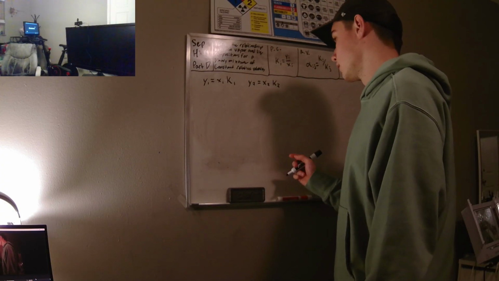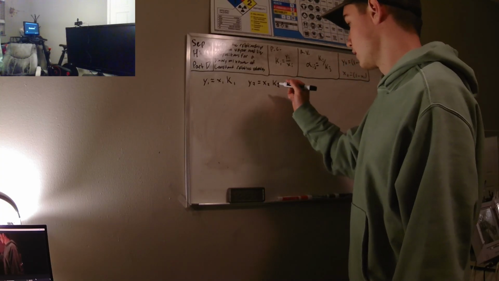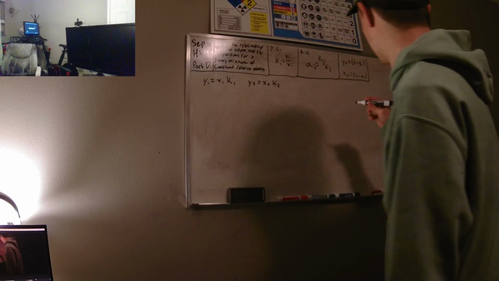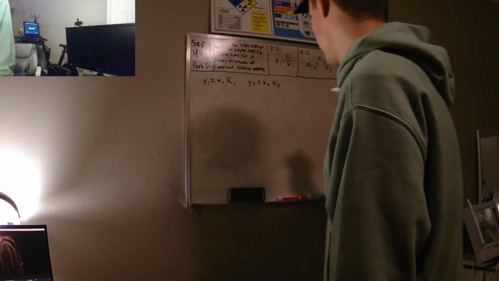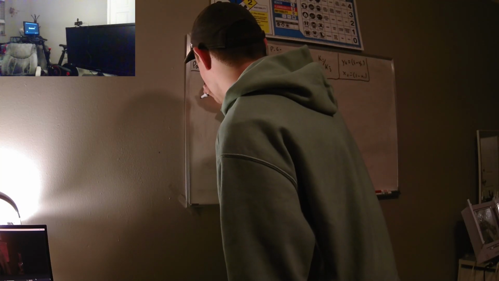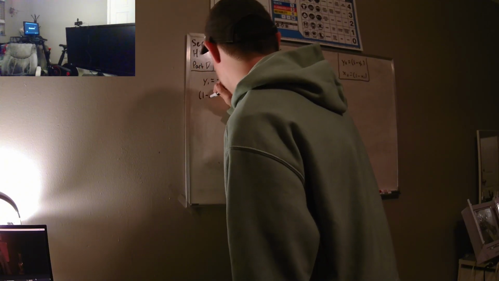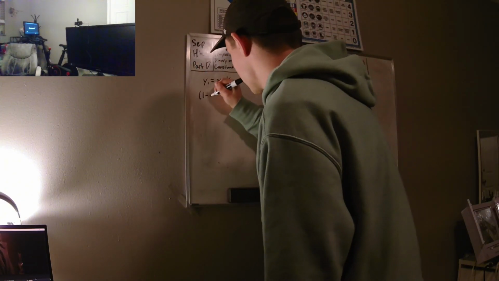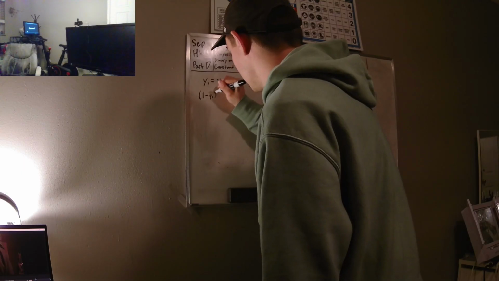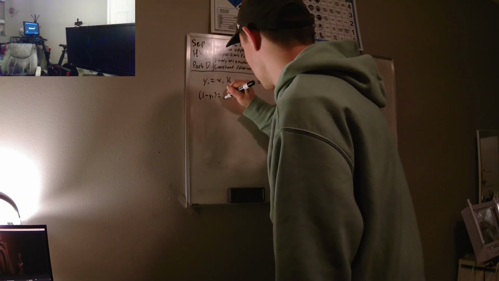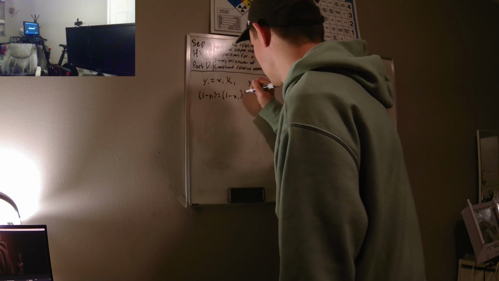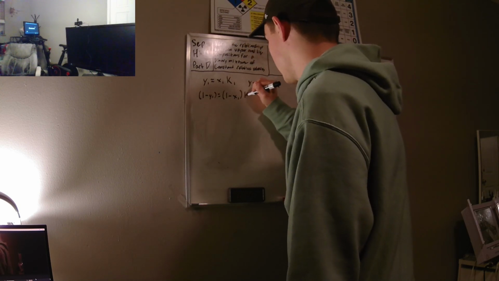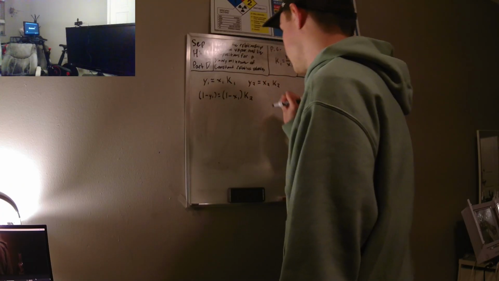But what we can do with this is we can sub in our 1 minus y1 and our 1 minus x1. So we can say that 1 minus y1 equals 1 minus x1 times K2.